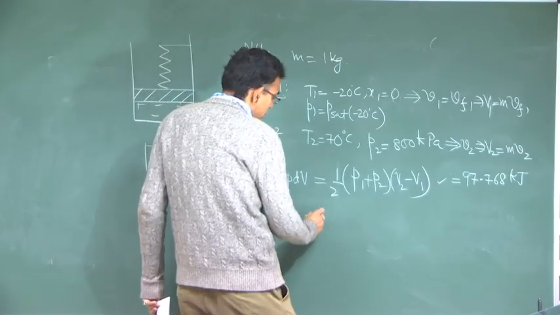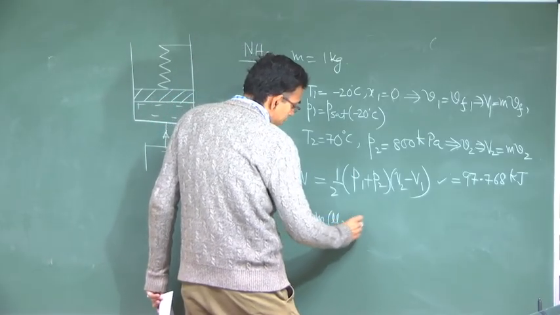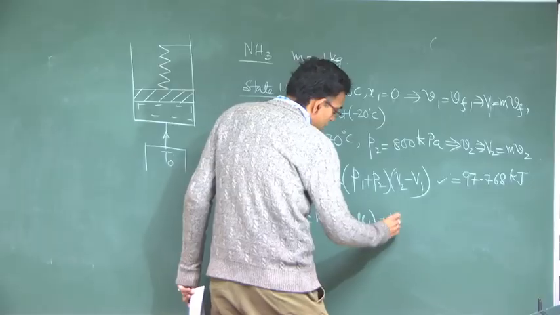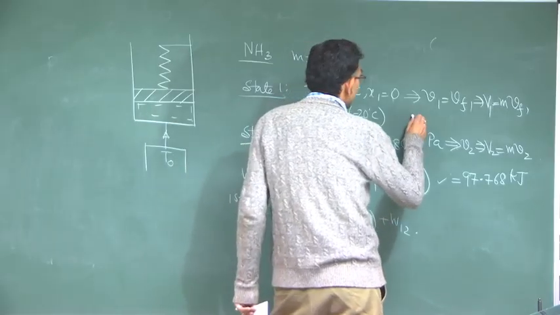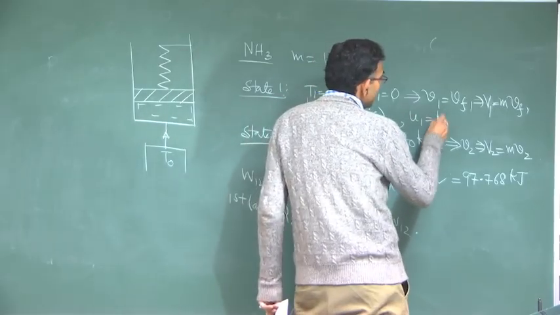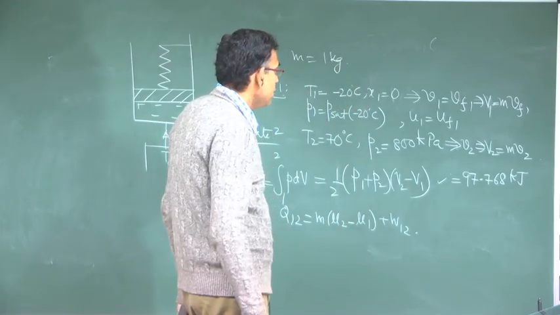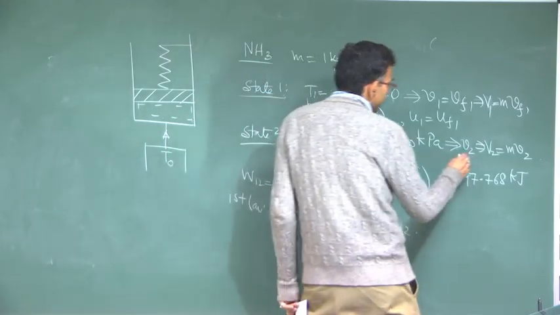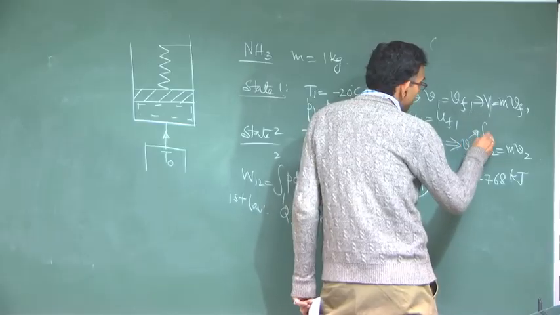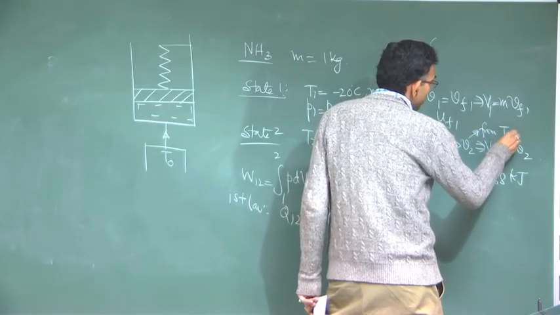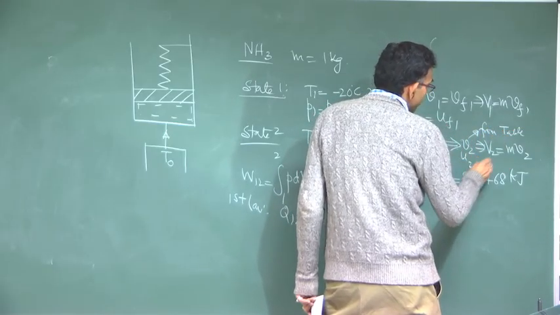Once you know the work done, you can calculate the heat transfer. Q12 is equal to M into U2 minus U1 plus W12. U1 is Uf1 and U2 is from v2, this is from table of ammonia.